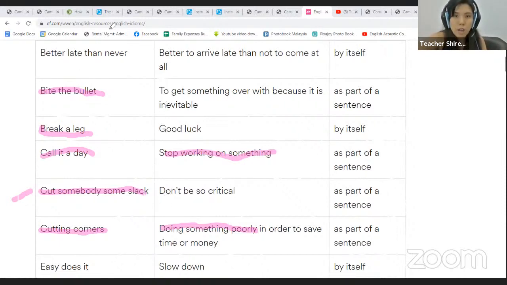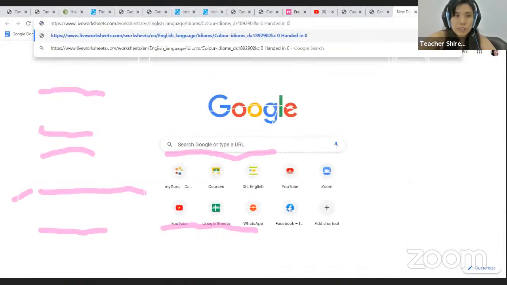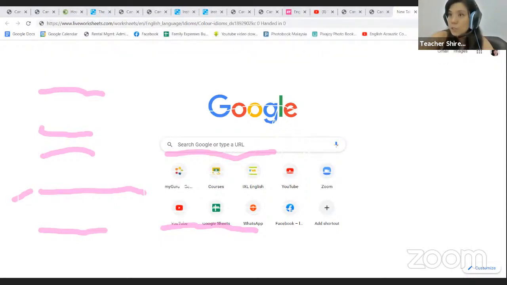Okay, so if you understand this, today, hold on, I'm going to give you an idioms worksheet to do. Okay, this is a fun one.